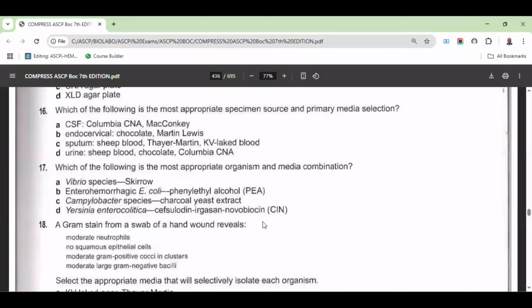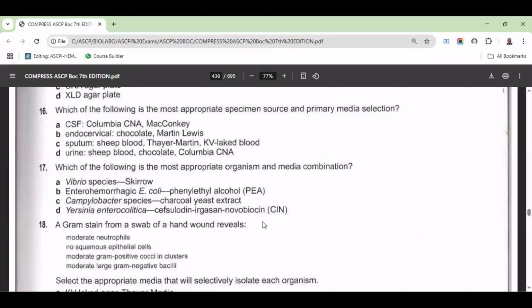So question number 16 says, which of the following is the most appropriate specimen source and primary media selection? Here we have source specimen, and we also have media, and they are trying to ask which one is good for which media. For example, we have CSF.